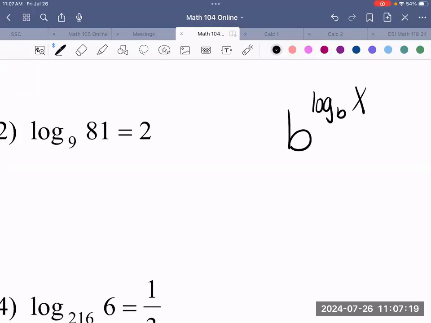Because the bases are the same value, they're going to cancel, and it allows this value to drop.